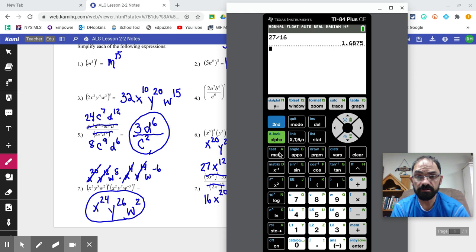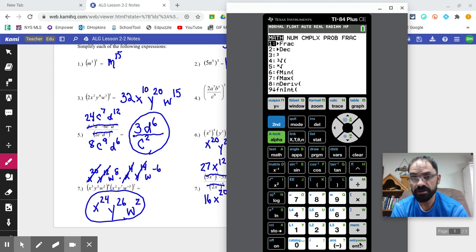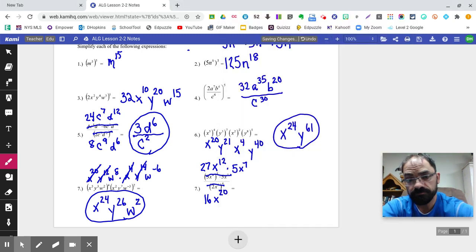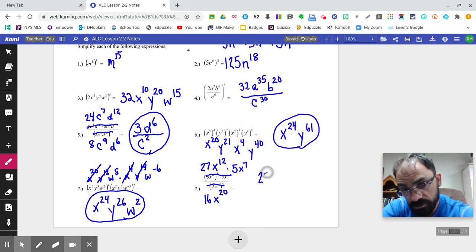Always go back, put it in the form of a fraction by hitting the math button, enter, enter, and your calculator always gives it back to you in reduced form if it does reduce. So clearly we can see it does not reduce, so that is 27 over 16. So 27 on top, 16 on bottom.